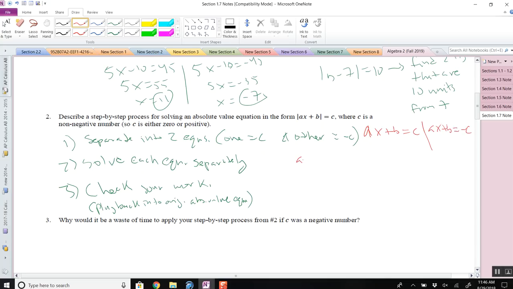You solve each. So ax equals c minus b. x is c minus b over a. Ax equals negative c minus b. x equals negative c minus b over a. I'm not going to check right now.